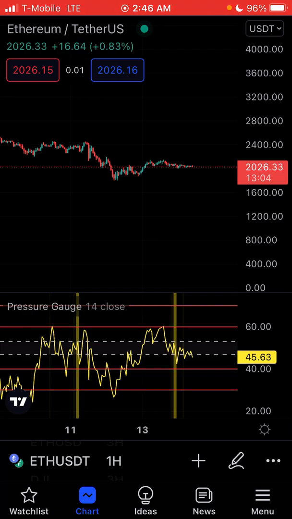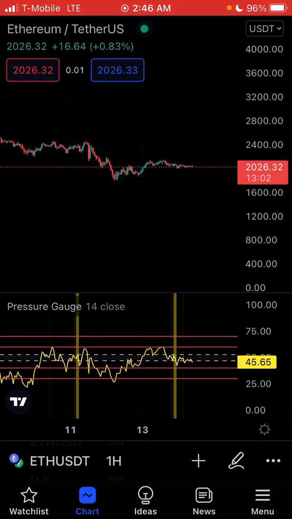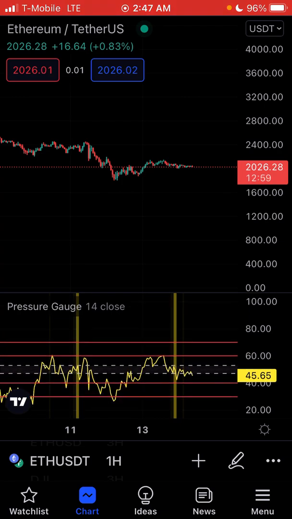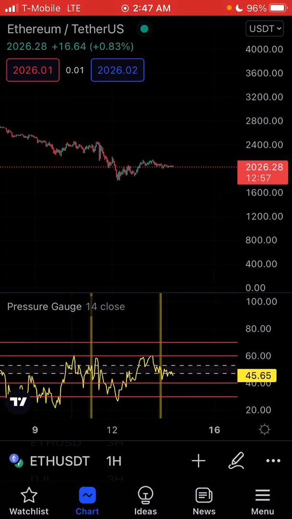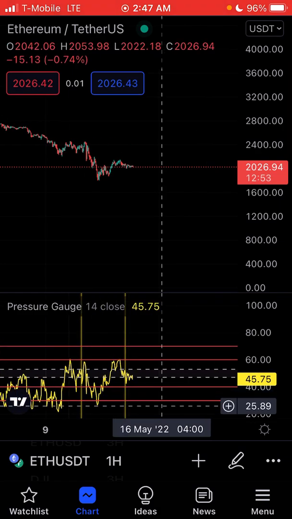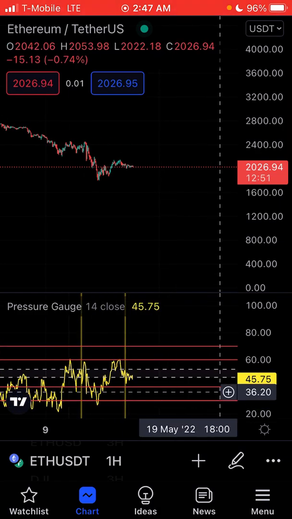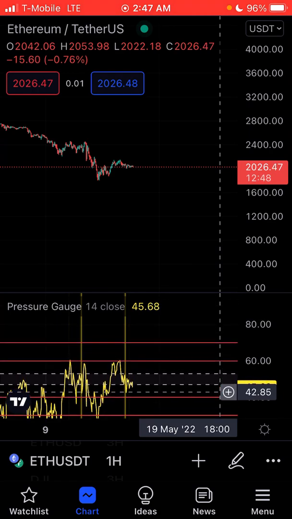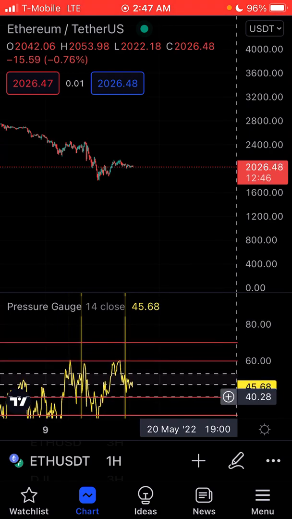What the pressure gauge does, trying to get this so you guys can see it. Let me move my days, maybe that'll work.